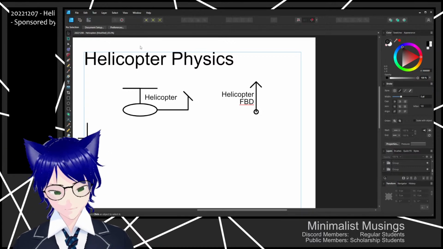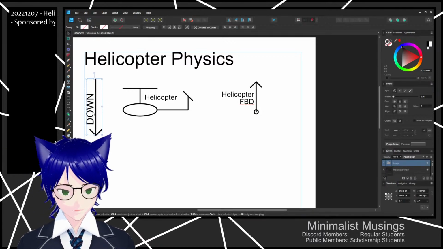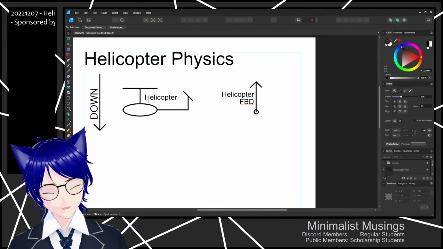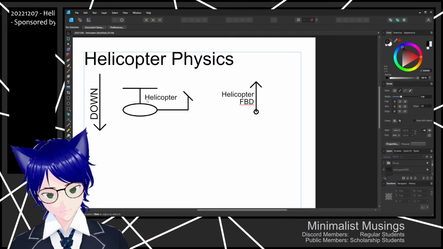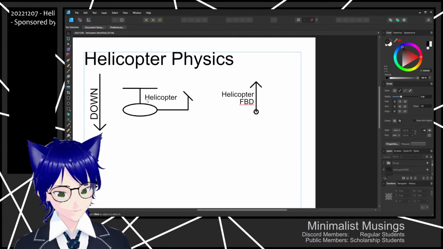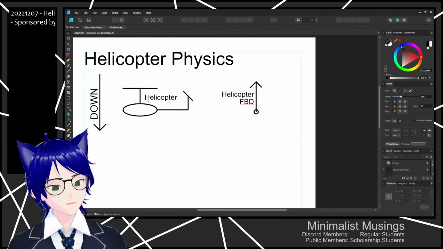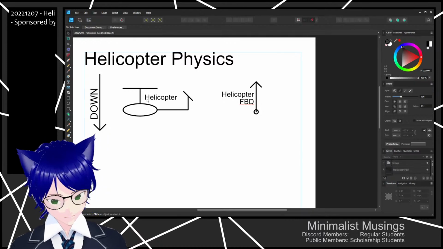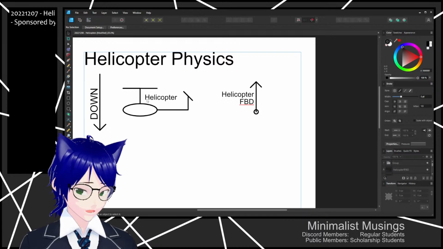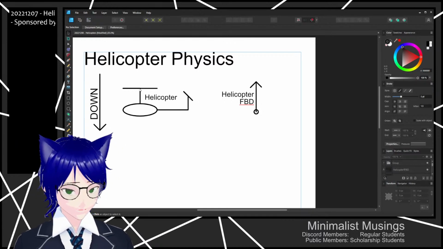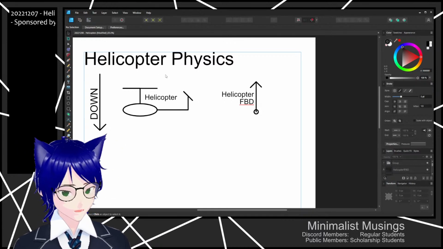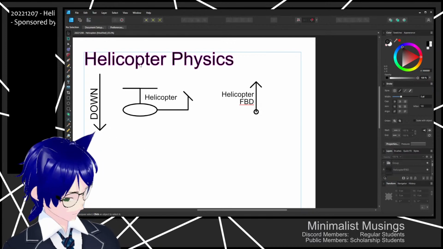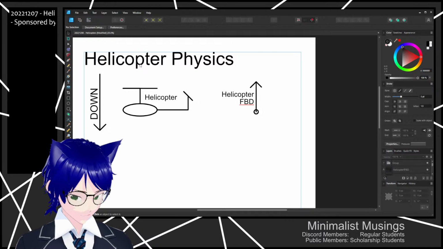I think everyone will understand that. Well, let me put down here. So when the helicopter is going upwards, I think it's very clear. It rotates and therefore pushes air downwards, and as it pushes air downwards, Newton's third law comes into effect, where the air that's being pushed downwards by the rotating blades is pushing upwards on the helicopter. So the more air that you push downwards, the more energy you get pushing you back up, right?